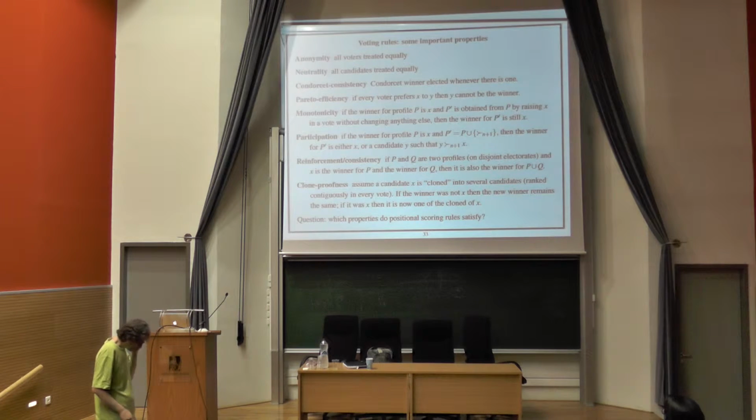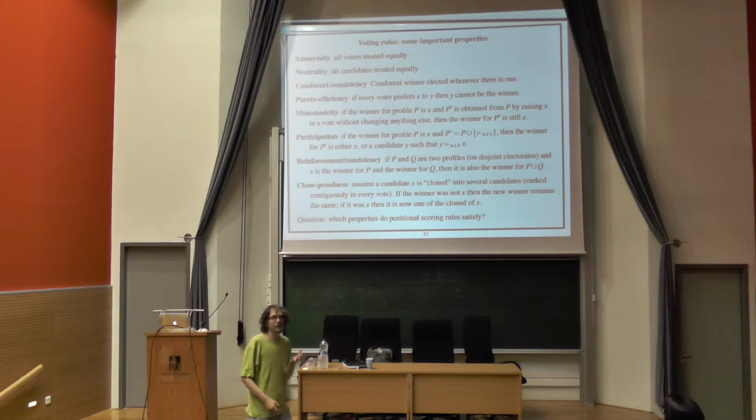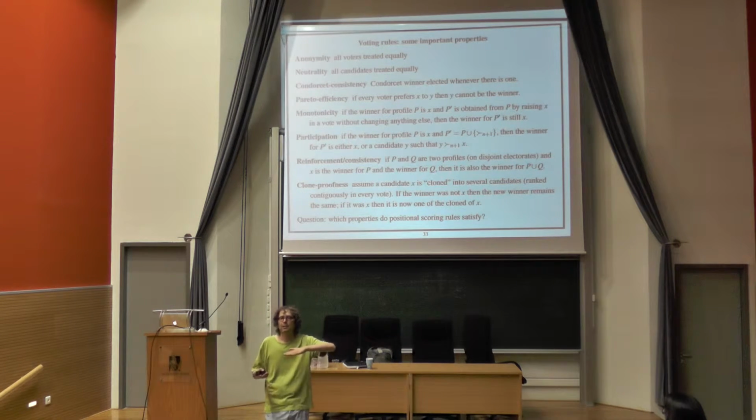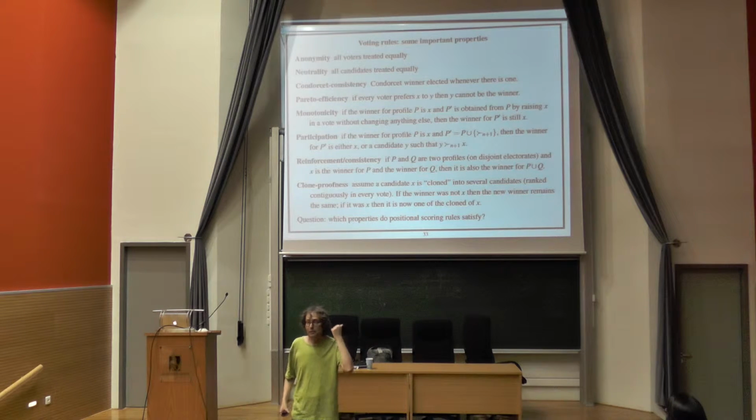Monotonicity is the property that says that if the winner is X, take the profile where the winner is X, and then take one of the votes and move X up in the vote, then of course X should remain a winner, right? If this property is satisfied, we say that the rule is monotonic. We'll see later rules that are not monotonic, which is intuitively very shocking.